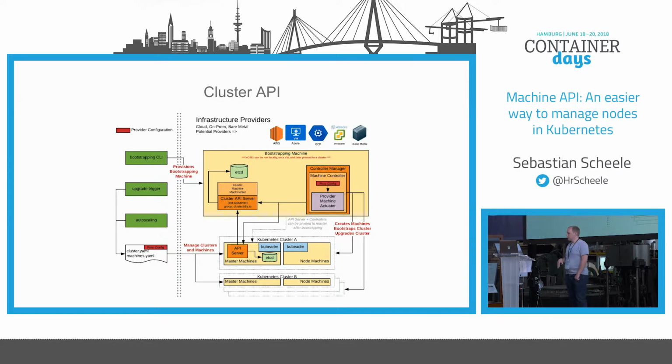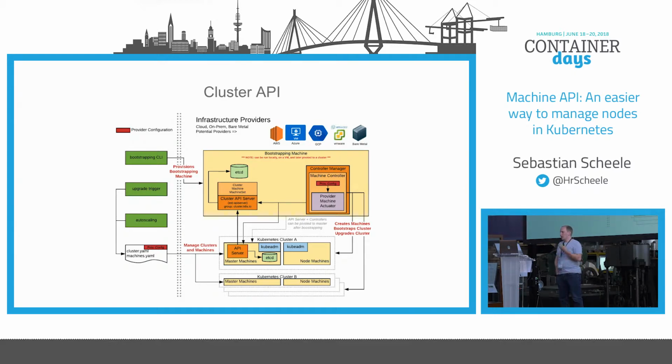You can use similar tooling and do, for example, cluster API create cluster, and then your cluster is created, or cluster API upgrade cluster, and then your cluster is upgraded, and you don't need to know the details of how everything is deployed, which tooling is used, or what the specific command line interface is.